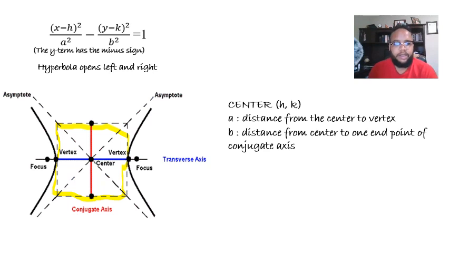The reason we need this box is really for these diagonal lines. What these diagonal lines do is they give us a reference for how wide our hyperbola should be. These are asymptotes, so those are lines that your hyperbola is going to approach but not touch. So once you're done drawing your hyperbola, your curves should go through the vertex and approach these asymptotes.